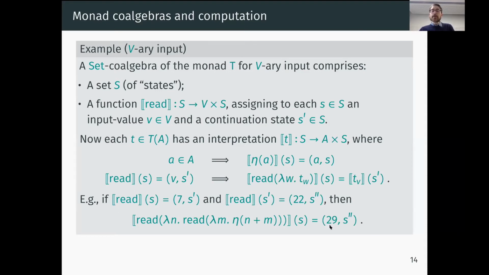But I don't just return 29, I also tell you the final state that I reached, and that's the state I get after applying my basic read to the state S prime.